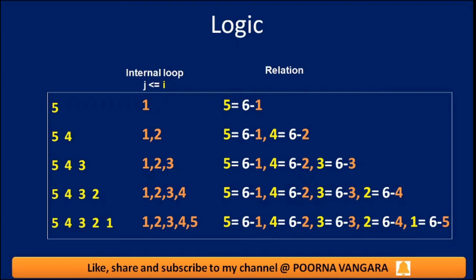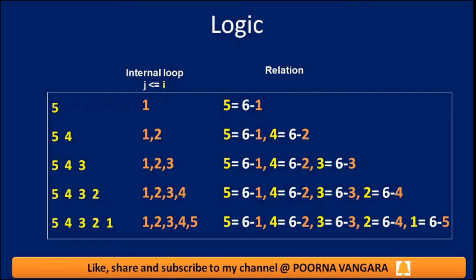Start from the bottom to get a proper understanding. I need to print 5 4 3 2 1 from 1 2 3 4 5. The simple way is to subtract this 1 2 3 4 5 from 6. You can apply this for the above J values also. It is applicable to all. Look at the second line.